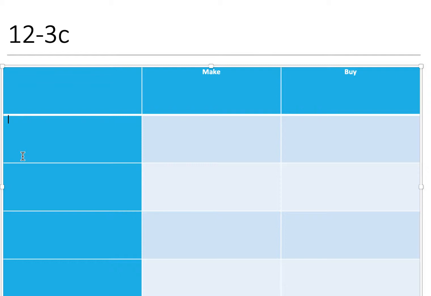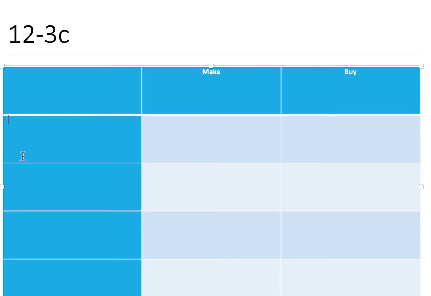Given this assumption, what would be the financial advantage or disadvantage of buying 15,000 carburetors from an outside supplier? So right off the bat, we have an opportunity cost we need to consider, right? If we make these carburetors, what are we giving up? Well, we're giving up $150,000 per year in segment margin of this new product.